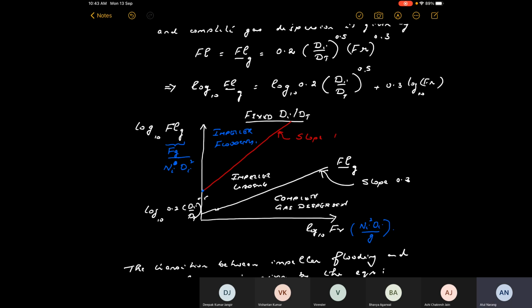So if I increase the gas flow rate at fixed n sub I, what do you think is happening? Is anybody awake?